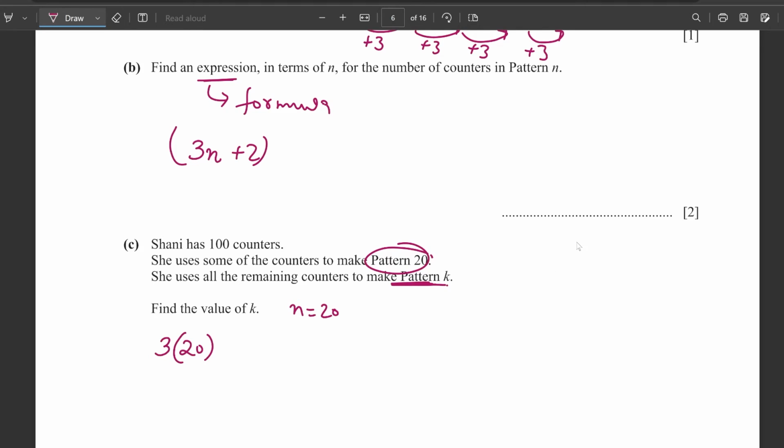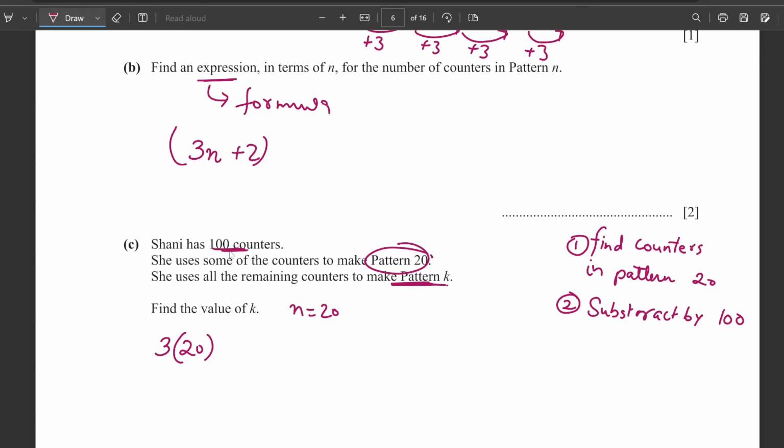So let me just list what we're going to do. First of all, we're going to find the counters in pattern 20. Know the logic of this question. Then we're going to subtract it from 100, because we have 100 counters in total.